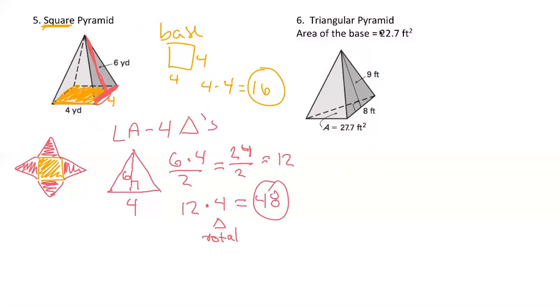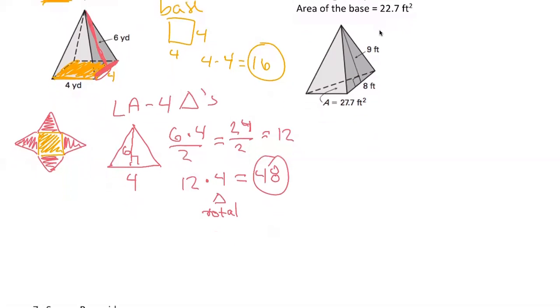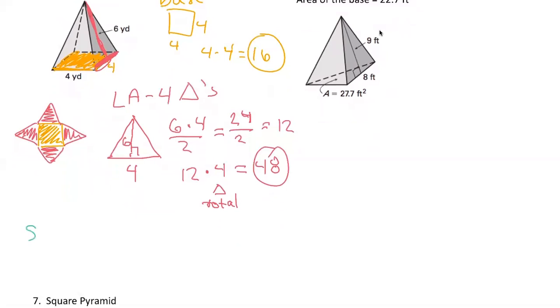All right, so I'm going to use that 16 and the 48 to find my overall surface area. You can do the lateral area of each individual triangle and add those together, the 12 plus 12 plus 12 plus 12, same as 48. So you might as well go ahead and just do it all together in one step. My surface area is going to be 16 plus 48, right?